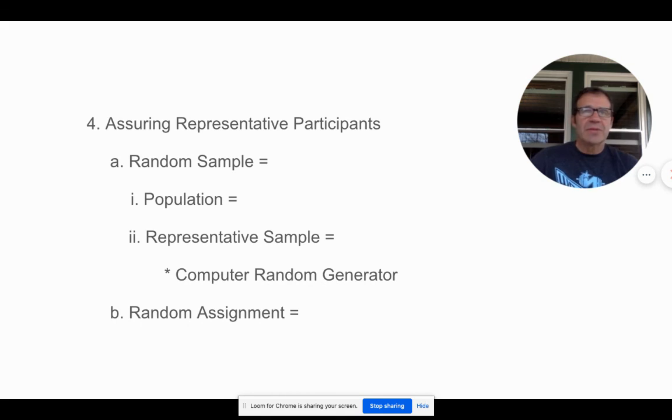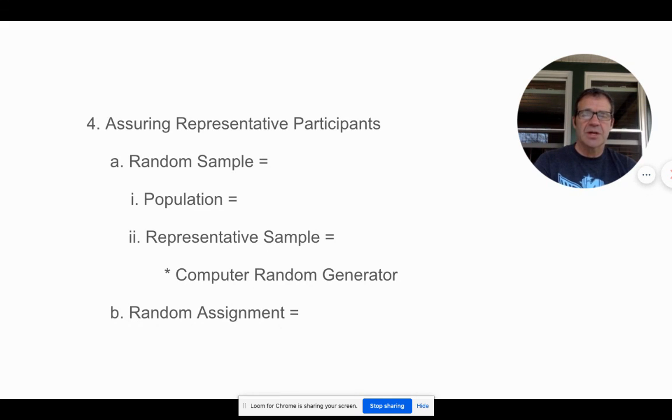Now, random sample can be used in any type of study. So maybe go back to your definition of random sample and in parentheses write any research. Because random assignment's a little bit different. Random assignment, and we'll write this first in parentheses, only in experiments. So random assignment is not used in surveys, case studies, correlations, or naturalistic observation, okay?